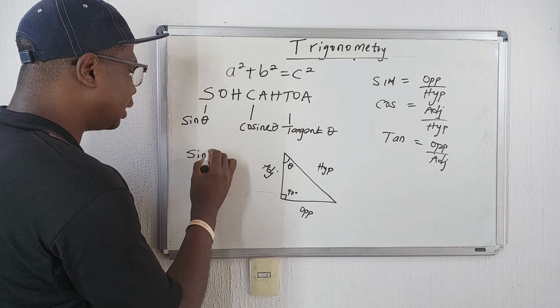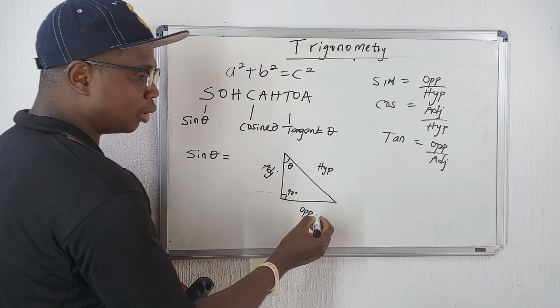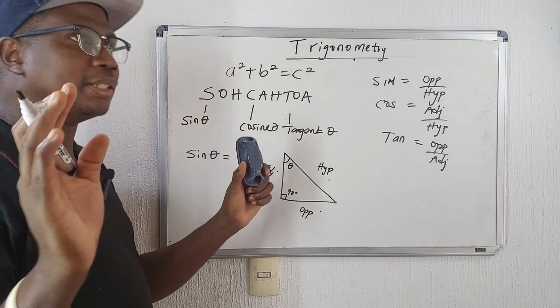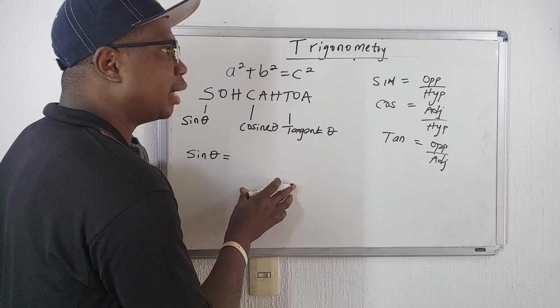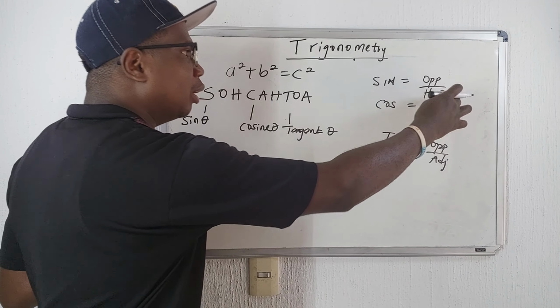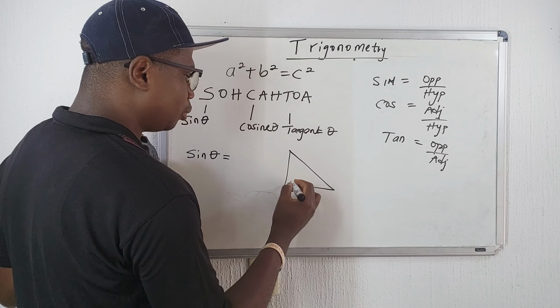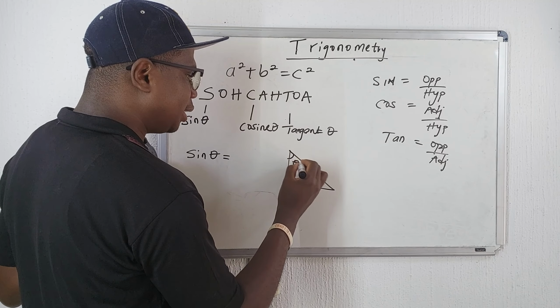So sine theta must be equal to this side over this side. It's an identity. We have established that sine theta equals opposite over hypotenuse, and for cos theta, this is our theta.